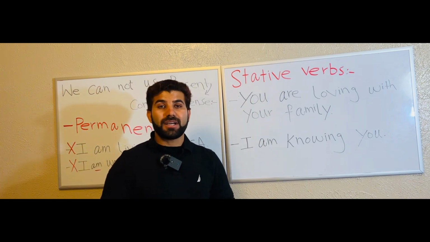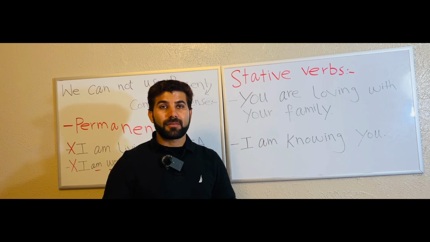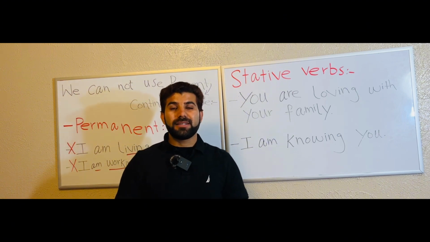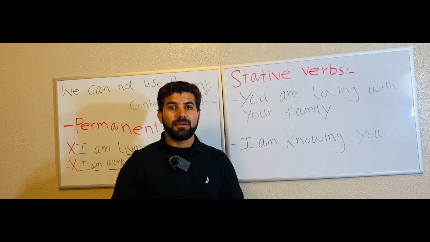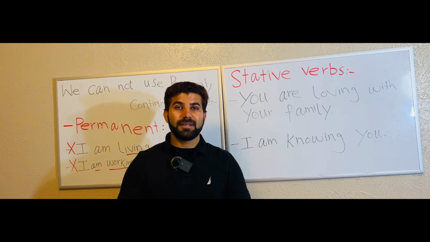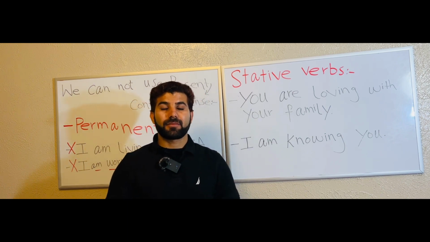There are two types of verbs. One is action verb. An action verb tells us what the subject of our sentence is doing. For example, write, sleep, read, work. These are action verbs.